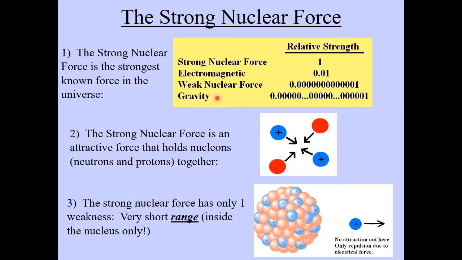But the 4th force here, which you know about, is gravity, and gravity is extremely weak when comparing it to, for example, the strong nuclear force. In fact, there are so many zeros here that I couldn't even fit them all in. There's something like 39 or 40 zeros here, meaning that gravity is extremely weak and feeble compared to this strong nuclear force here.